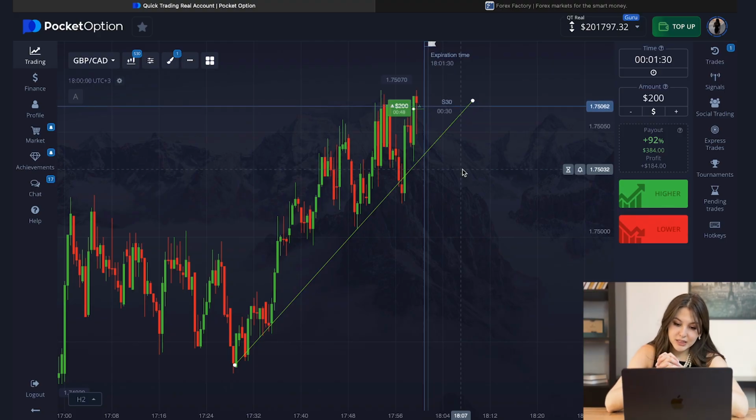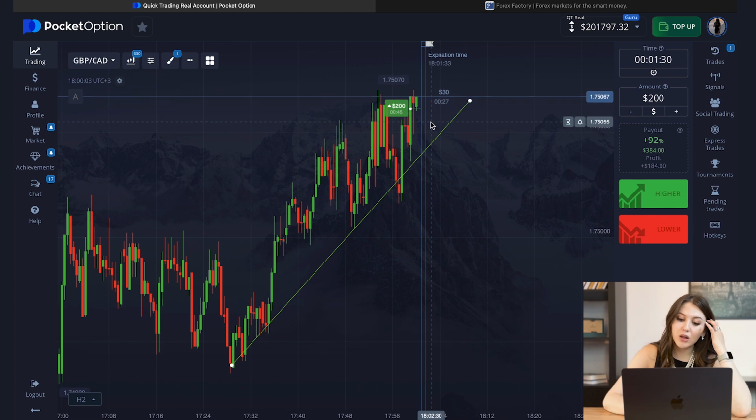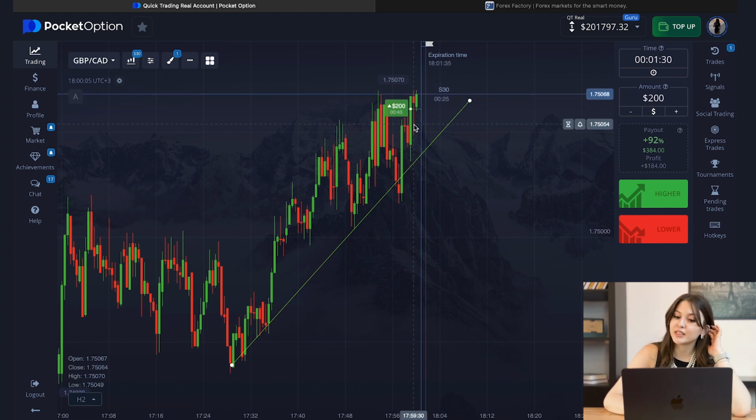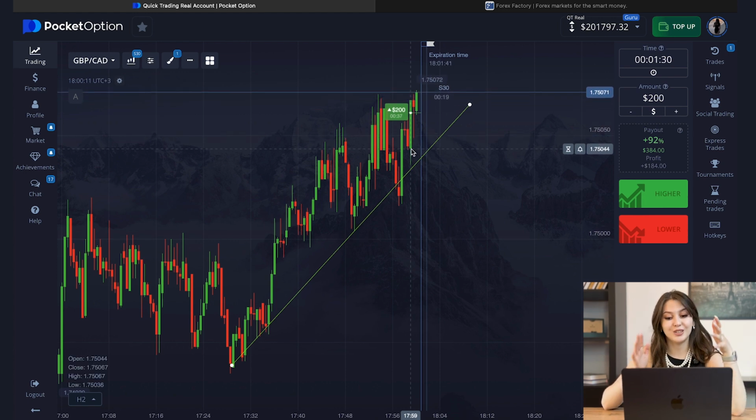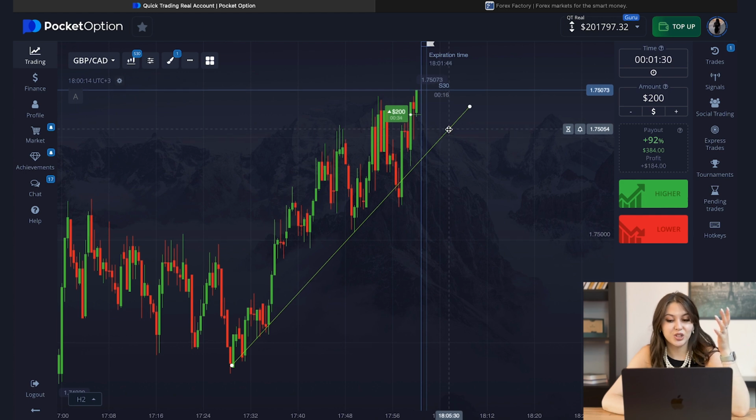Also, as you can see, we have long tails right here telling us that we're probably going to push the price higher for sure, and that is very interesting, and I really like this situation.